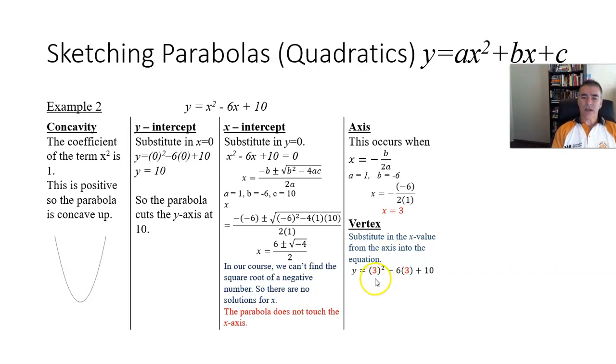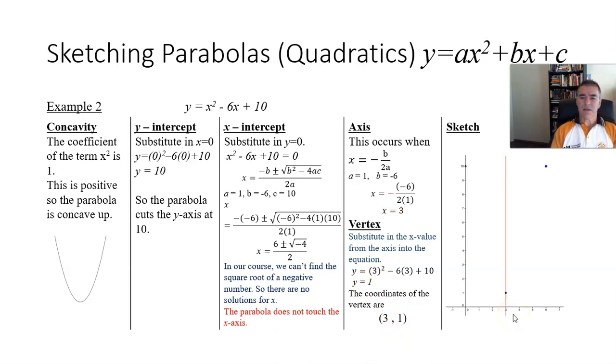So let's substitute in x equals 3, and we find that y equals 1. So the coordinates of the vertex are x equals 3 and y equals 1. And that certainly makes things easier so far.